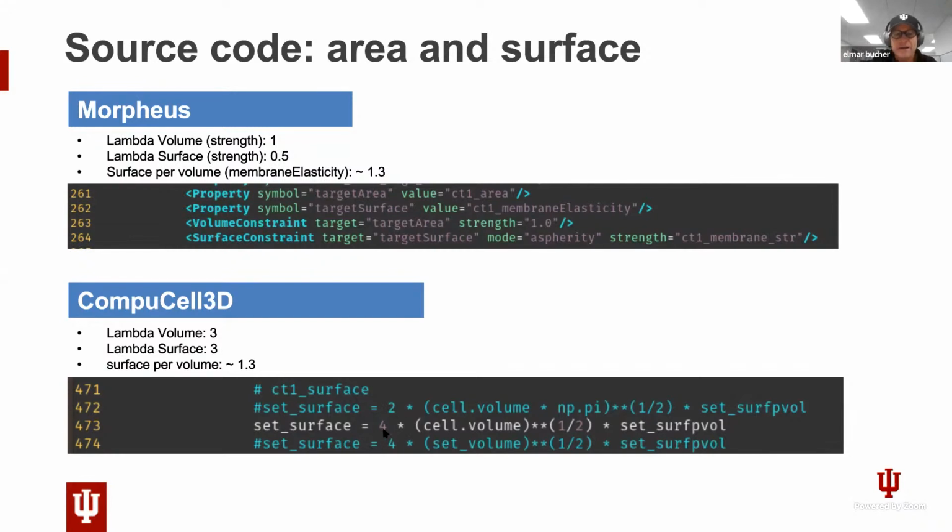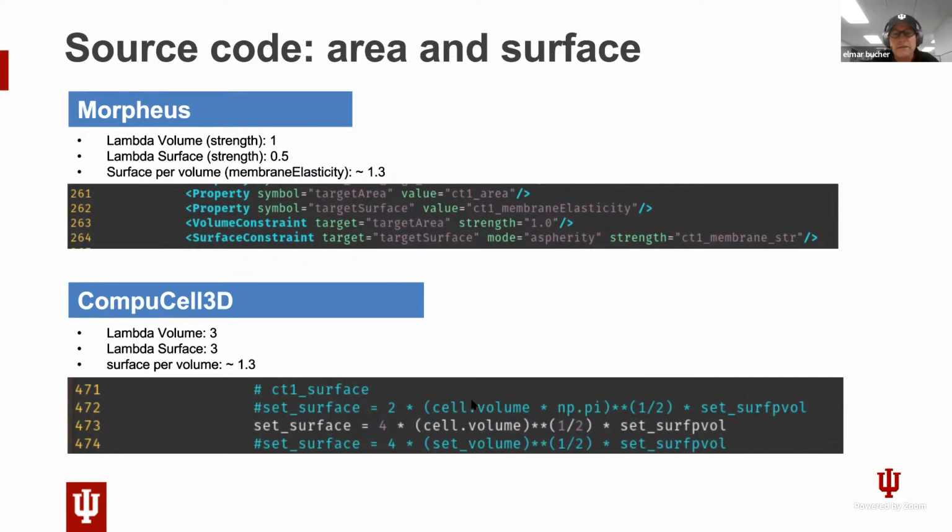More or less, you could do it on a circle, but you can do it on a square. You take the volume and take the square root of the cube that you have, and then multiply it by 4, and this gives you the length of the cell, the surrounding. Then you multiply it with this 1.3, and this gives you the target surface that you set.